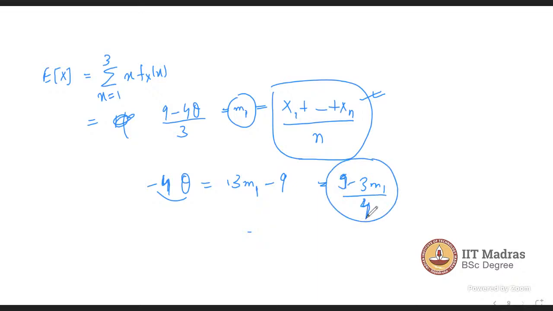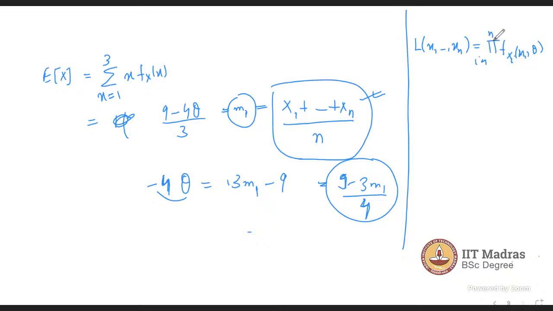Okay. And when you have to find it using the ML estimator, first write the definition of the likelihood function. The likelihood function is given by the product of your distribution, f_X(xi; theta), where i varies from 1 to n.